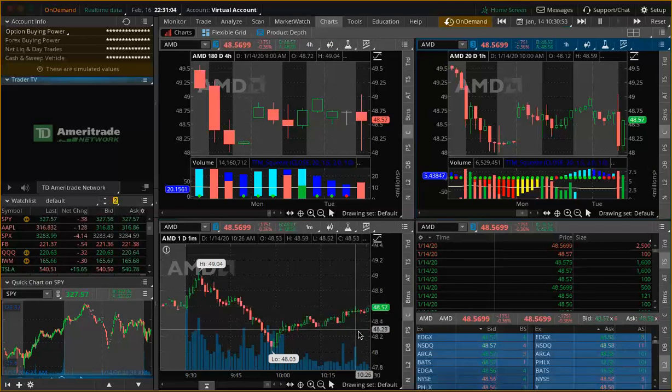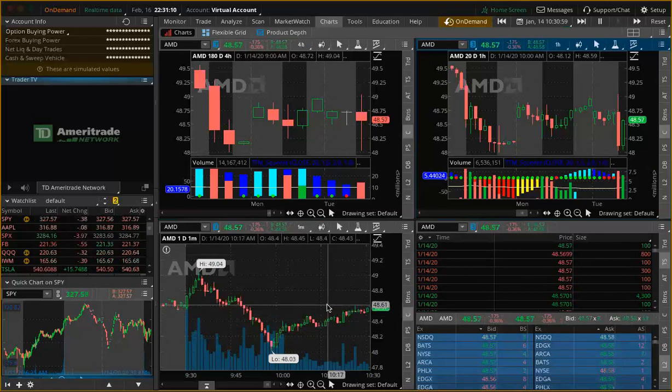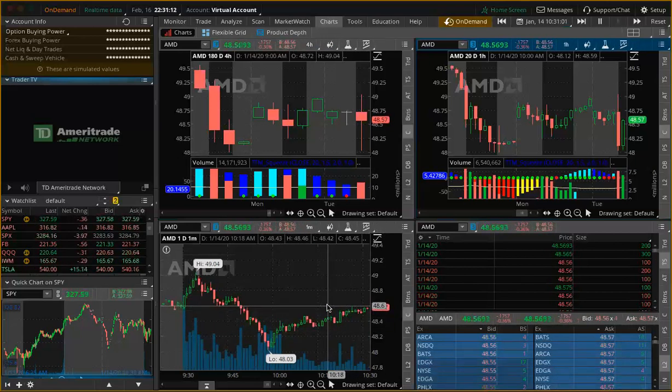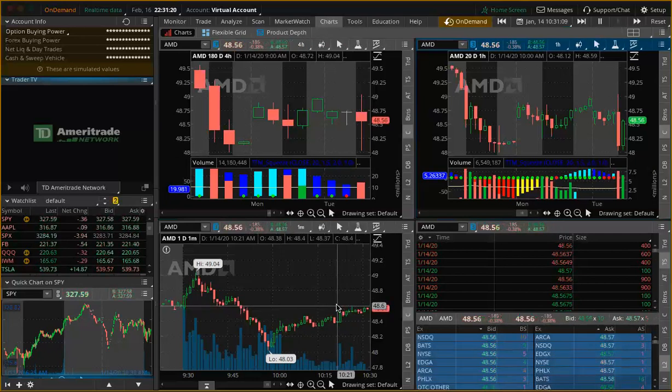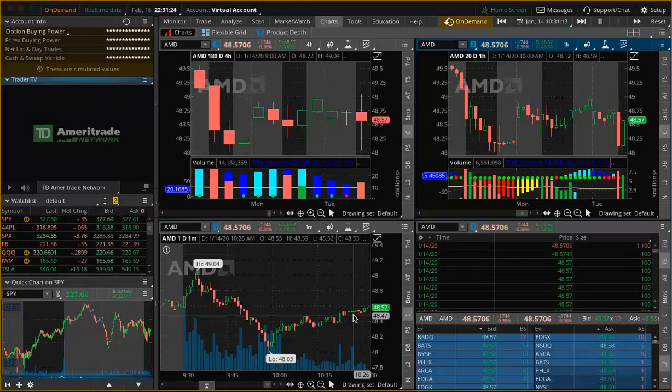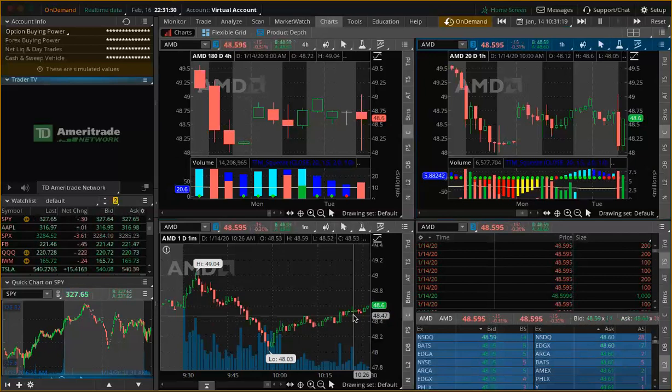Just fighting it, breaking through that level. Let's see right here, if you line it up with this wick, it matches up perfectly at 10:26. So you could have waited for a break above that, but I was just reading the tape and I saw that it was really holding strong on that 48.50 level. And as you can see, it's rallying. There you go. It's broken through that level.